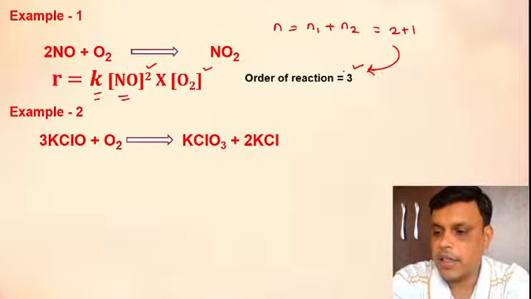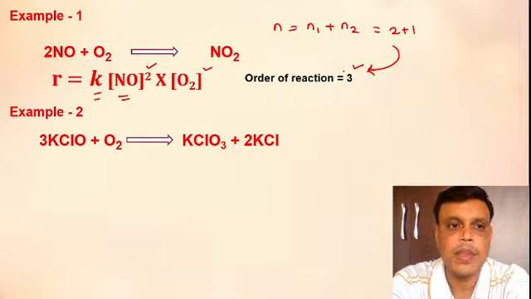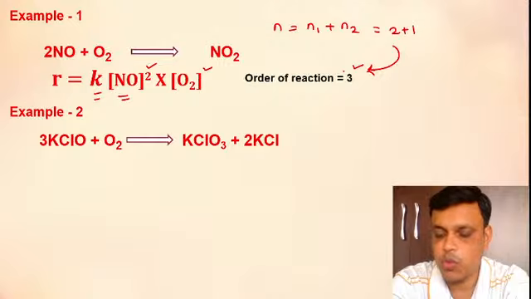Order of reaction is 3 plus 1 is equal to 4. Correct? Rahul, Anjesh, they are saying correct. Order of reaction is 4 because 3 and here 1, so 3 plus 1 is 4.